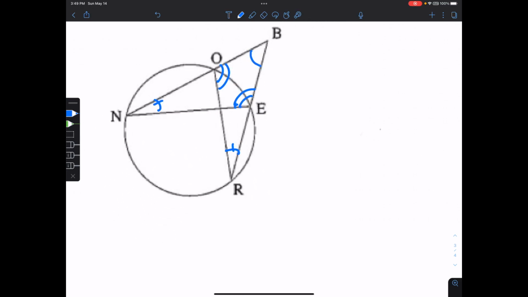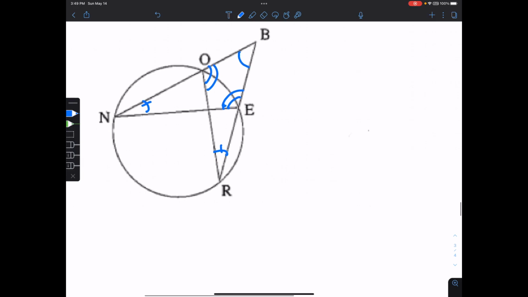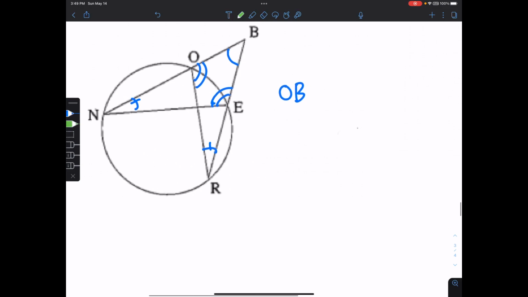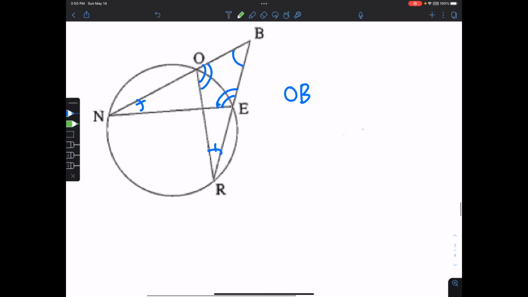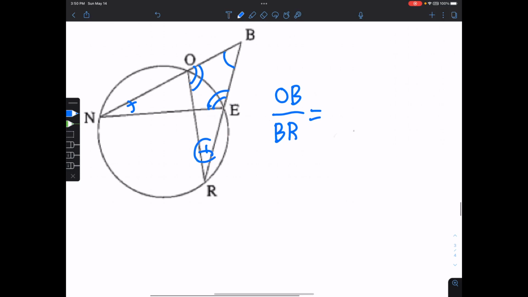And so now we can just do our proportions, right? So let's first look at this side. So OB, and then let's look at the inner ratios now. Let's look at the side across from the double angle now. OB, and then let's call that BR, is equal to, we have to look at the side across from this first angle.